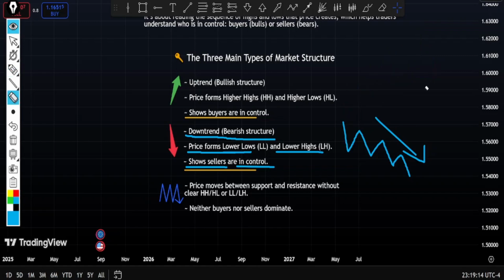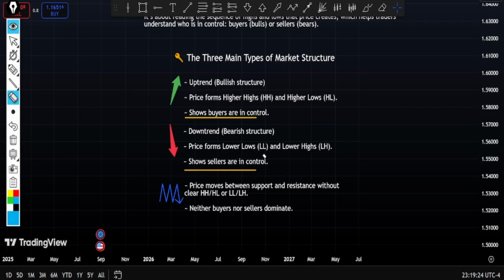So let's check the bearish structure so you understand it more. Okay, this is how the bearish structure looks.